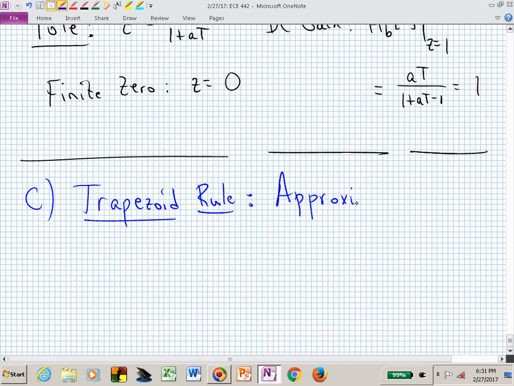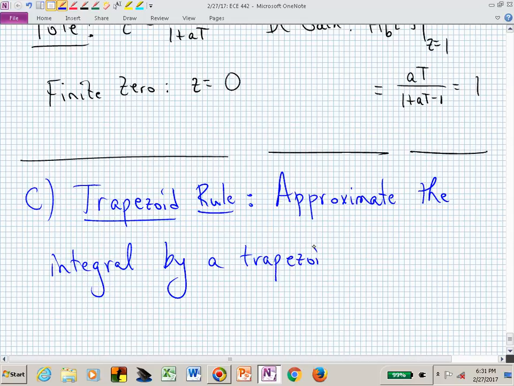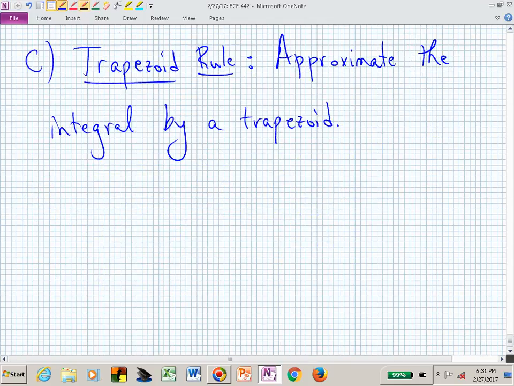Here, what are we doing? Again, all we are doing is approximating that little tail part of the area under the curve. Approximate the integral by a trapezoid. Or we now have this integral from nt minus t to nt of x of tau d tau. The width of that integral hasn't changed.